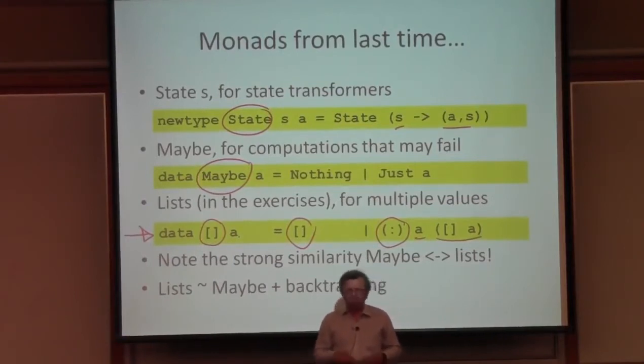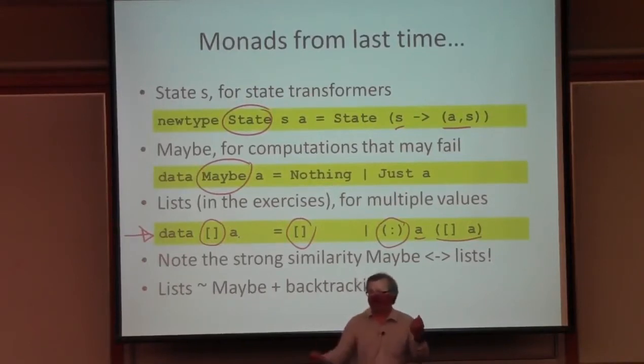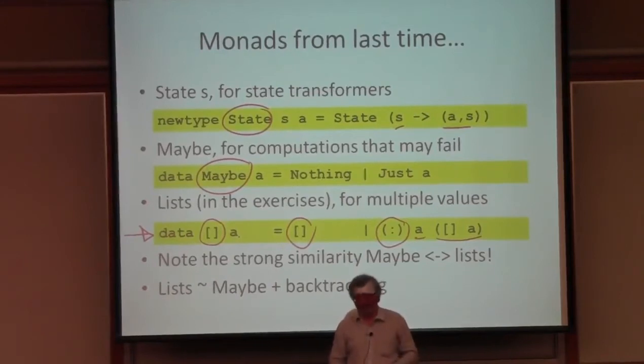So lists behave, if we think of them as a monad, very much like the maybe type plus backtracking. Because when a list computation succeeds and gives you a value, you still have another list of more values that you can try later if you don't like the first one.